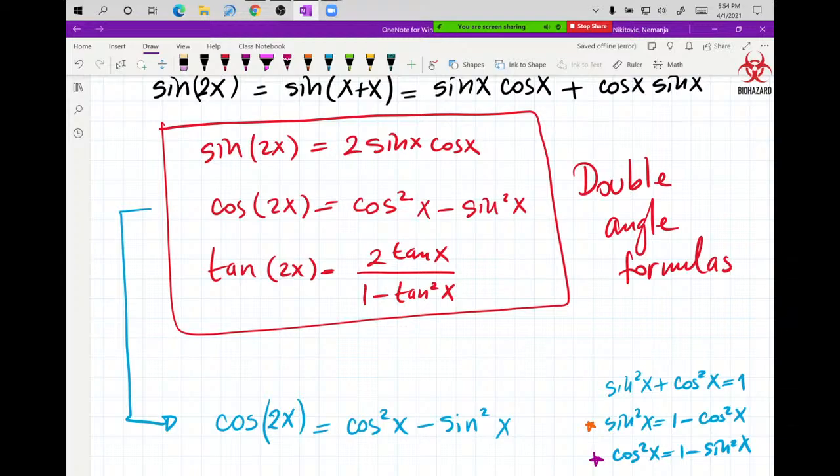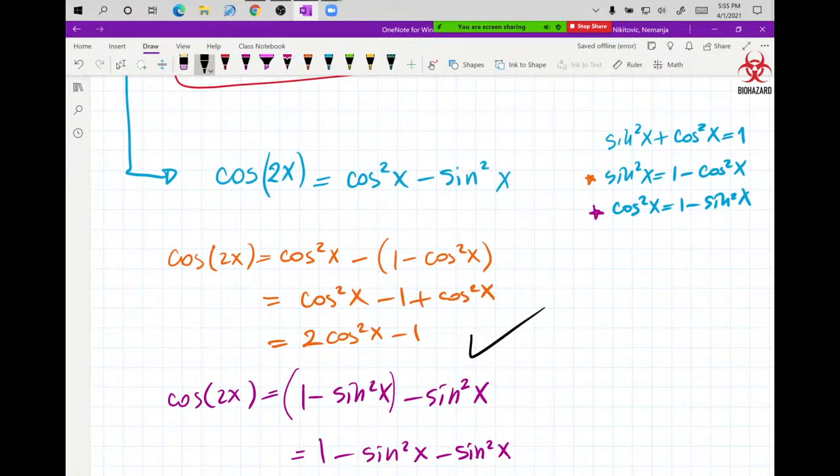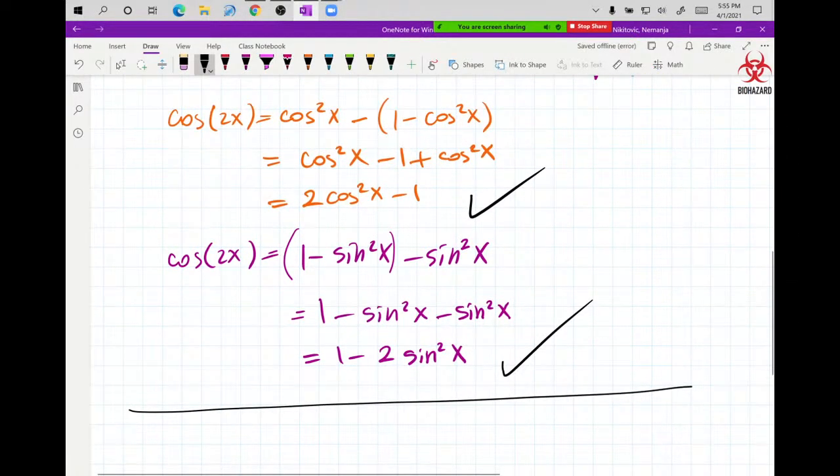And yes, they do. If you look at the hardcover in the back of the textbook, the double angle formulas, cosine is in the middle, and it lists all three of these forms. Calculus books do the same. So most books and literature will list all three formulas, not just this form, but these two in addition to that.